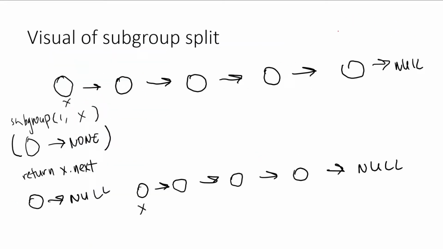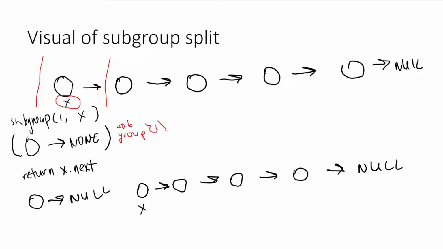This is going to be a visual of that subgroup split. And X is the pointer where it points to on the linked list. We start with the subgroup size 1. As we call this function, this subsection will get separated from the list completely, thus creating one subgroup of size 1.